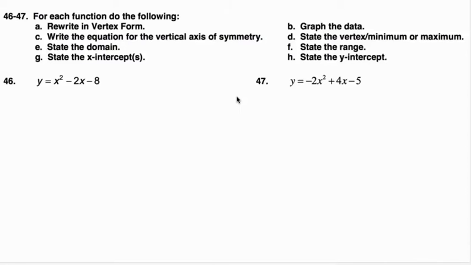Okay, here we need to find the vertex form of a quadratic equation given standard form. So recall that vertex form is y equals a times the quantity x minus h quantity squared plus k.